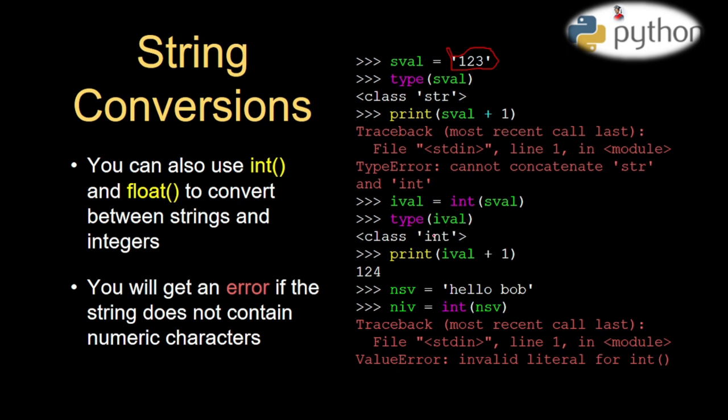Type of ival is integer after casting or converting. Then print ival + 1 gives 123 plus 1, 124. So nsv is equal to hello world, nv is equal to int of nsv is an error. We cannot convert pure string characters to integer, but those with numeric characters under quotes we can convert. That is good.